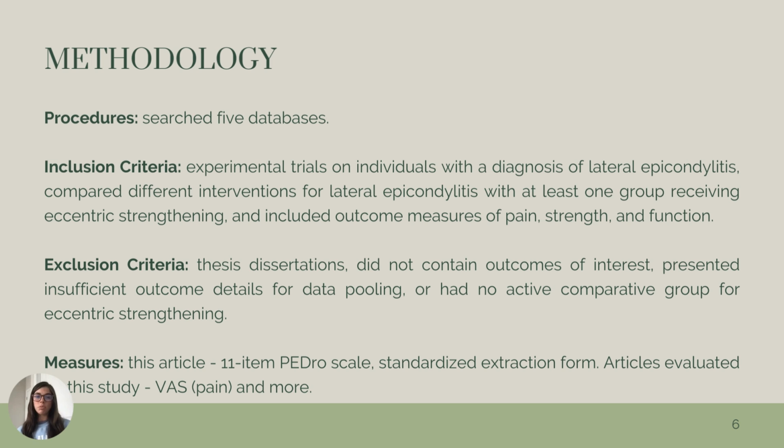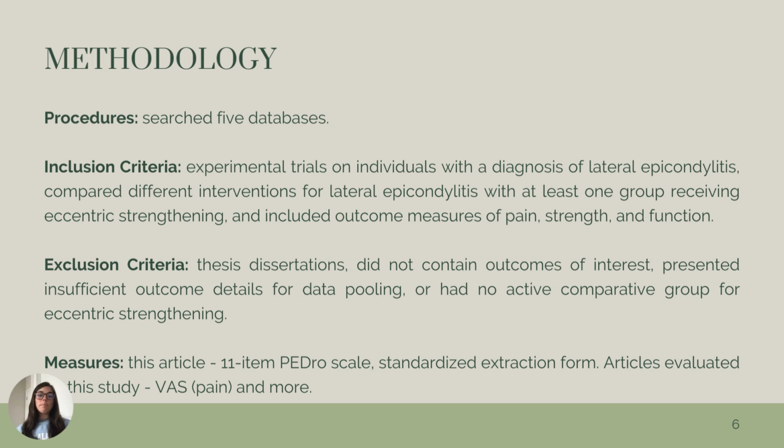And then the exclusion criteria: thesis dissertations were not used, if they did not contain outcomes of interest, if they presented insufficient outcome details for data pooling, and if they didn't have any active comparative groups for eccentric strengthening. So if there wasn't a control versus treatment, and there was only just treatment, they wouldn't take it.